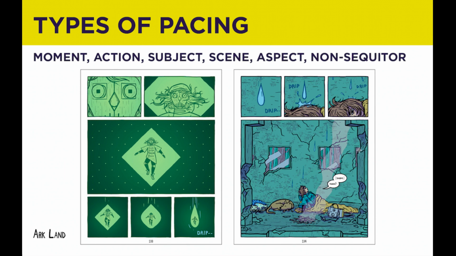I could have easily started this sequence, this page in particular, with just this establishing shot of her waking up, and there's drips falling from the ceiling, but I really wanted to show this slow moment to capture that feeling of slowly waking up and also the slowness and slight dreariness of this environment.